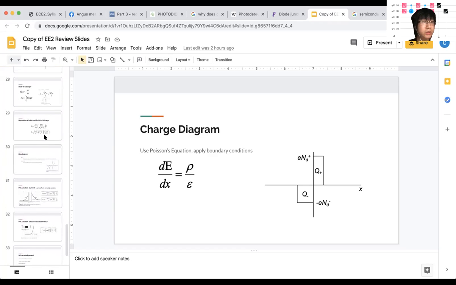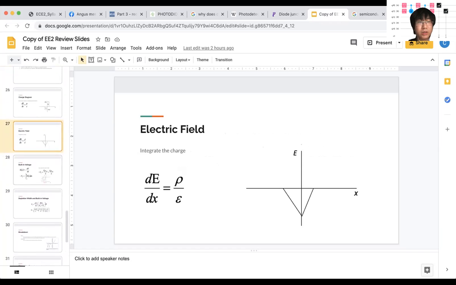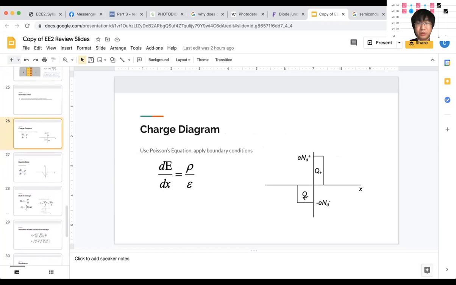But in an actual device, you don't get abrupt changes.